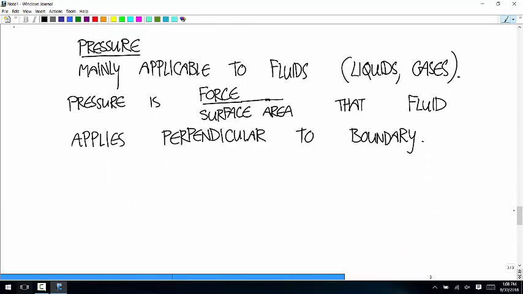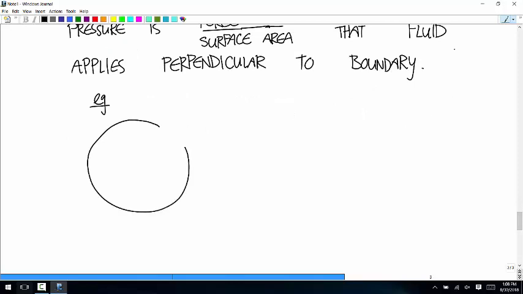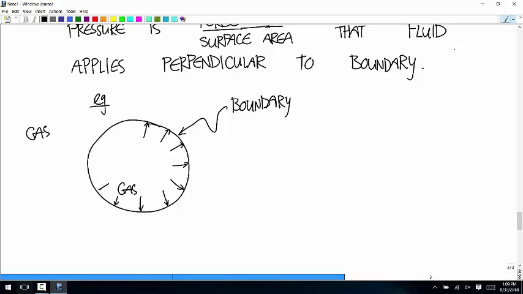Okay, so for example, if you have this enclosed vessel, there's some gas out here, some gas in here. The gas on the inside at every location on the boundary is applying a force per area perpendicular to that point on the boundary. And all it can do is push out. It can't pull in.